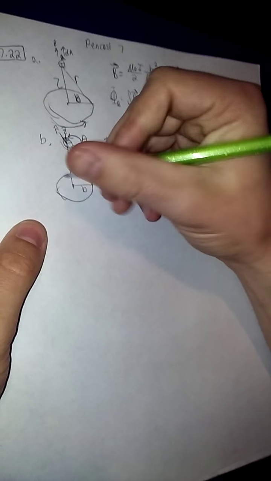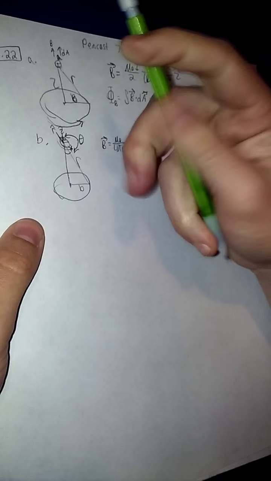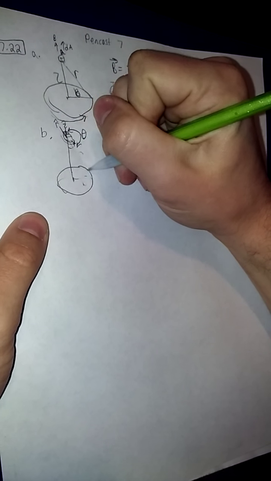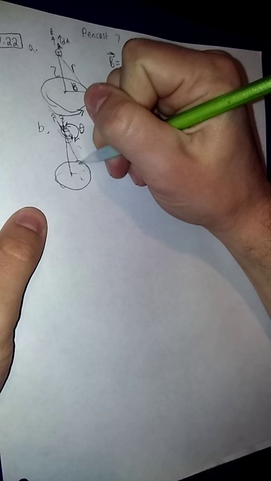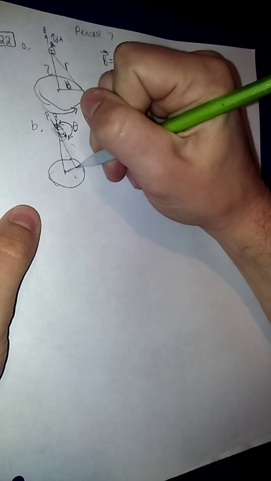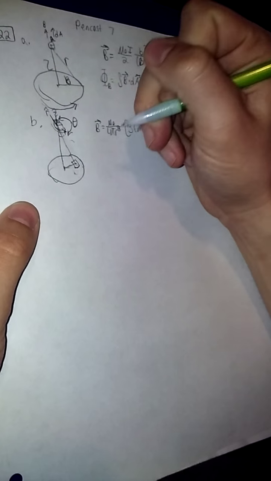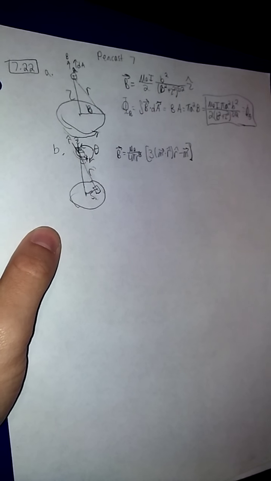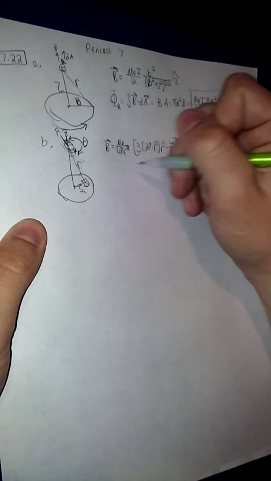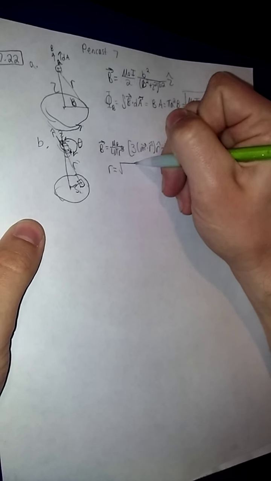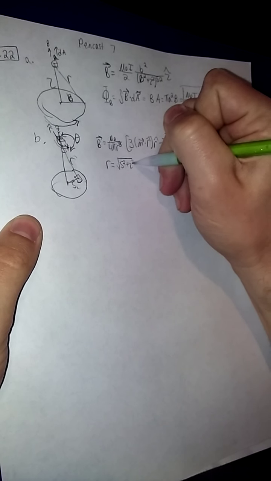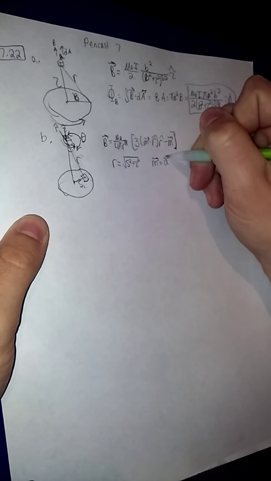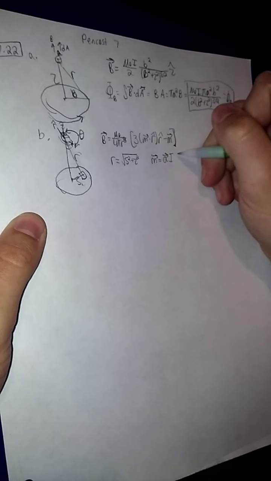We are looking not at B at the center, but at any arbitrary point along any arbitrary dA on here. With that set up, r is equal to the square root of s squared plus z squared. The magnetic dipole equals the area times the current.